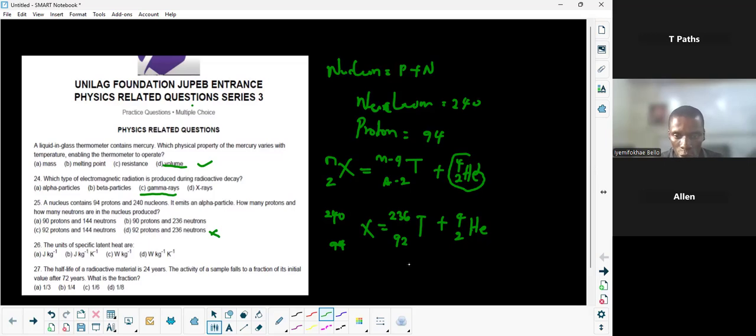Now, our nucleon here is 236. The proton is now 92. So how do we now get our neutron? To get your neutron is 236 minus 92.